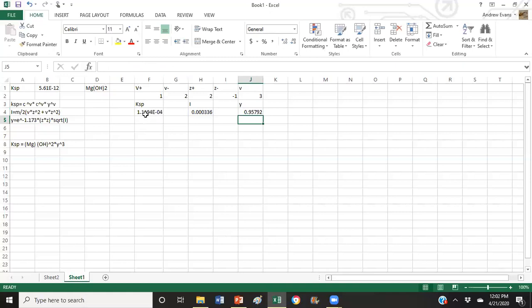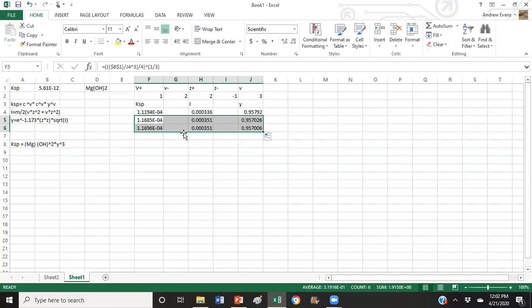So the activity coefficient, first trial, is that. Now we're dividing by, it's not I, we want to divide by the power of a third. So that's first trial, 1.12 times 10 to the negative fourth goes to 1.16. The activity coefficient has changed. We do it again.